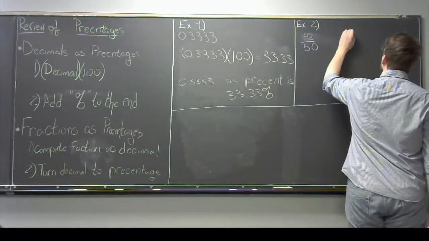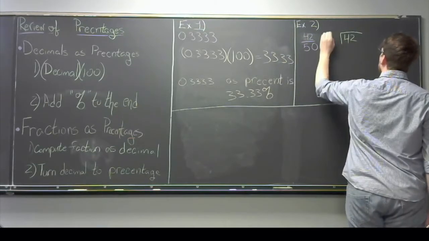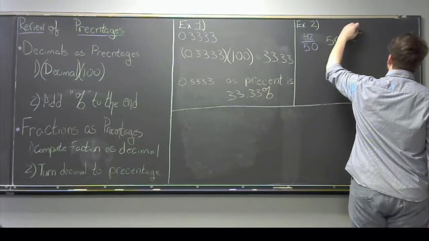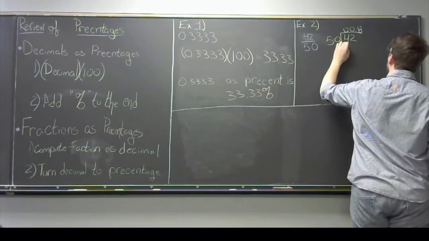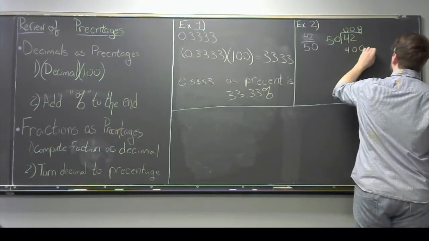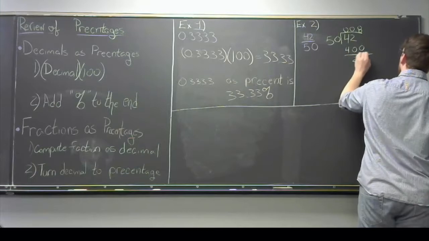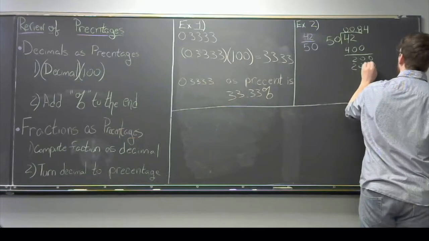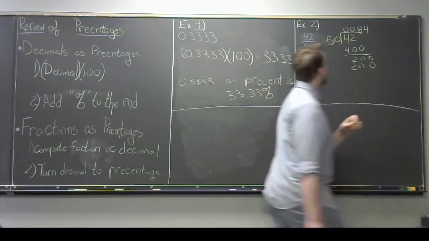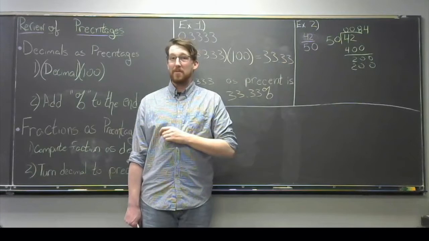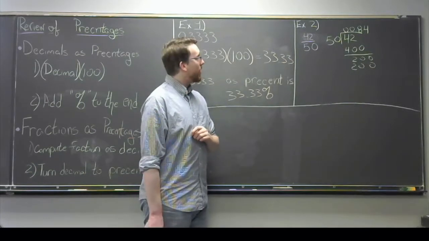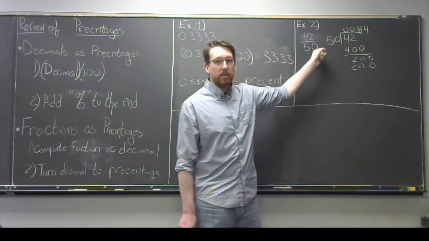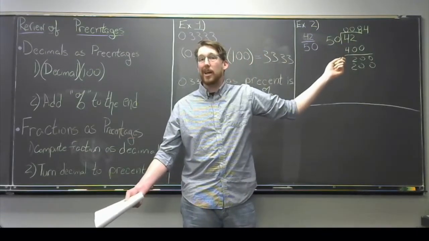We've got 42 divided by 50. After mumbling all of that to myself, what we just did is use long division to find out what 42 divided by 50 is. It comes out to be 0.84.